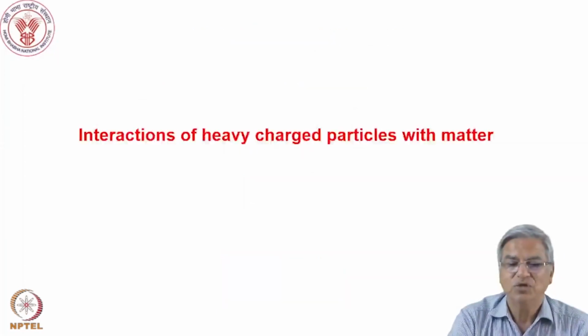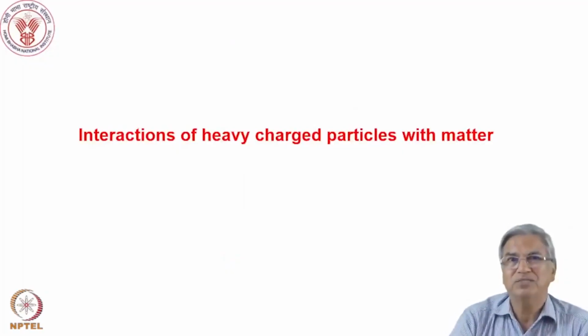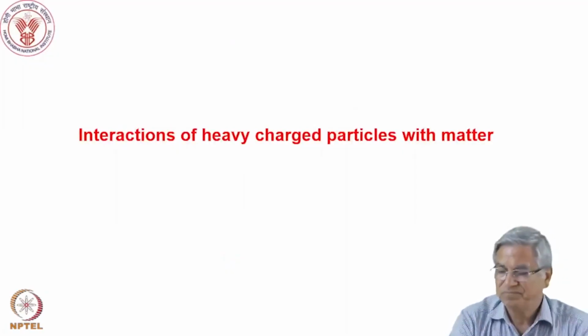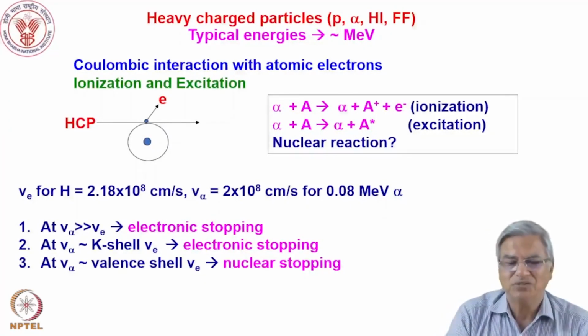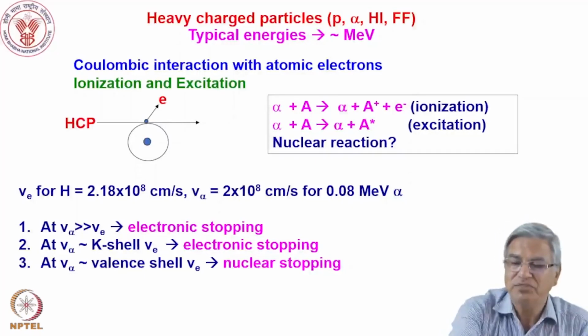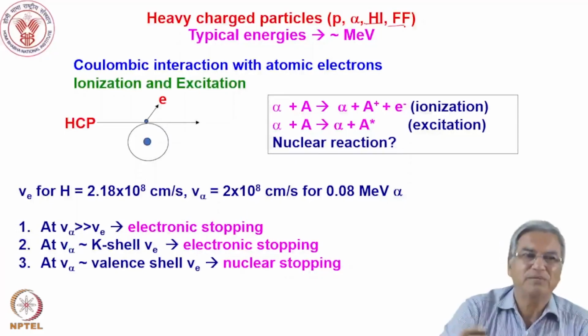Okay, so now let's come to the interaction of heavy charged particles with matter. As I mentioned, the heavy charged particles are particles associated with the nuclei, like protons, alpha particles, heavy ions, HI meaning heavy ions, and the fission fragments.